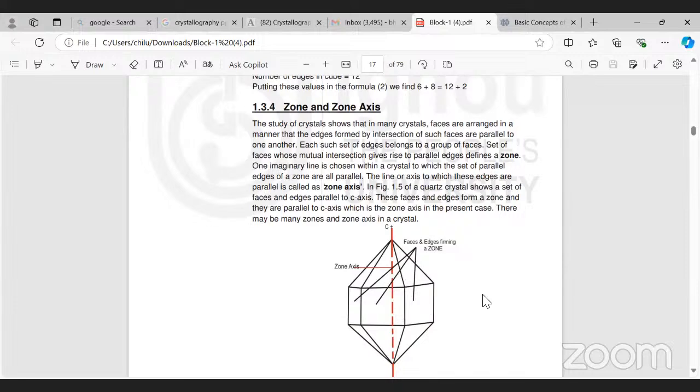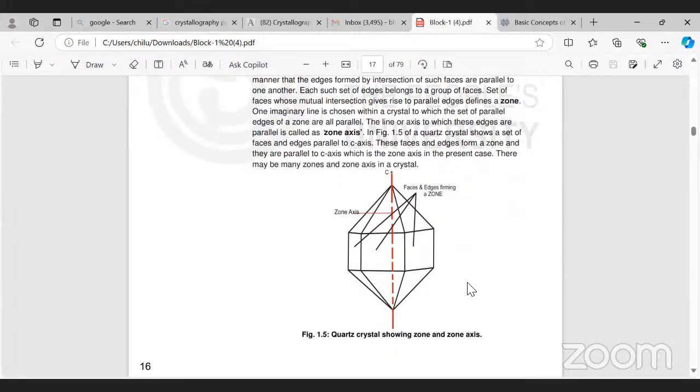You see here, these faces have a similar formation. So this is one zone, and this is also forming a zone, and this is also forming a zone.